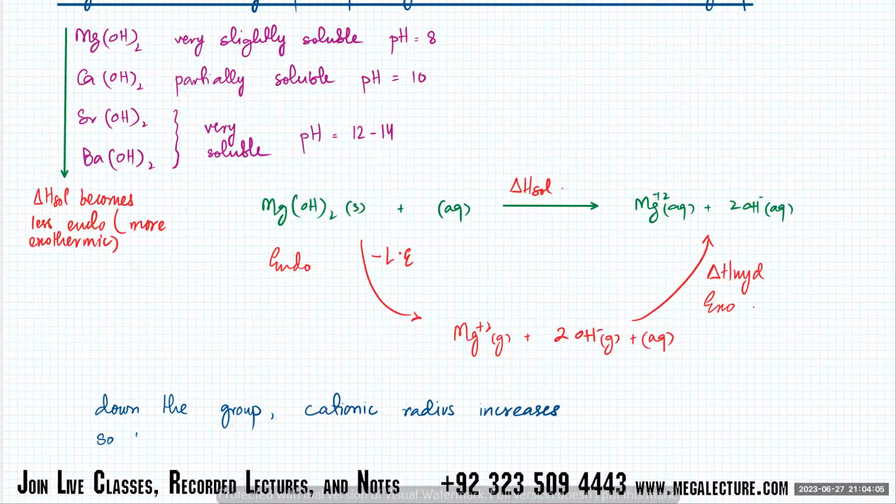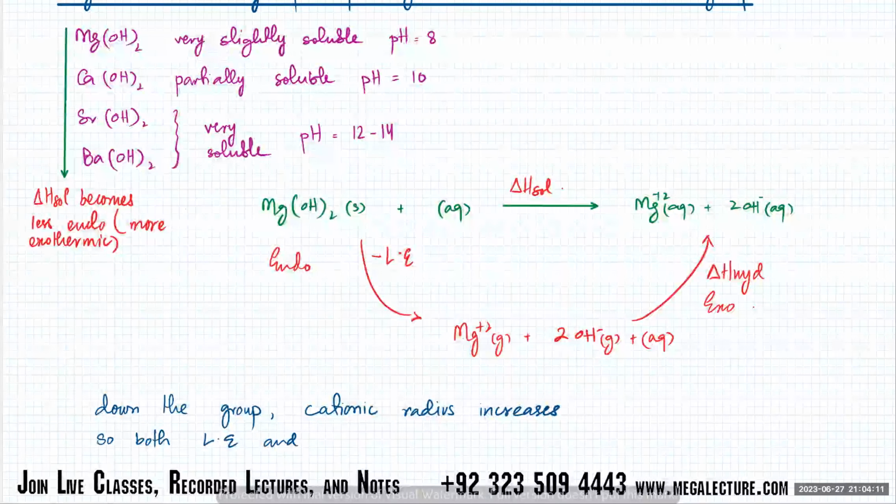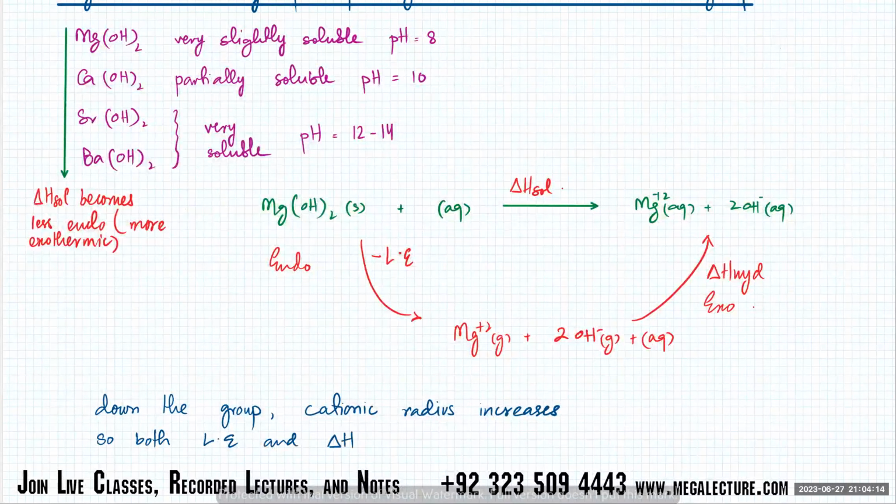Accha, so both, accha ab hoga ki so both lattice energy and your delta H hydration, they both decrease down the group. Lekin ab ho kya raha hai ki it's becoming more soluble, right?